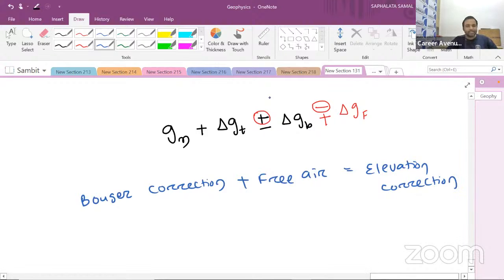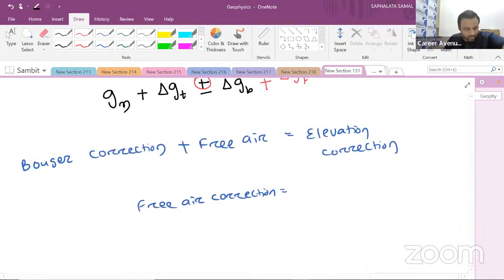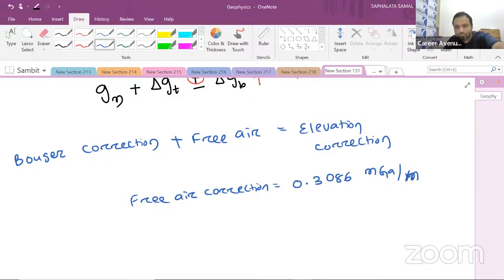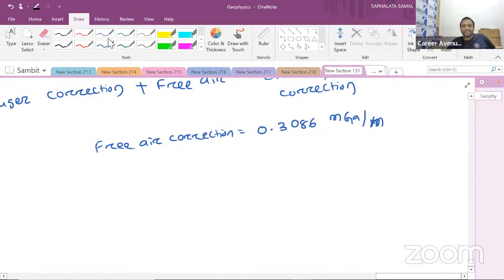The free air correction formula is given as 0.3086 milligauss per meter.